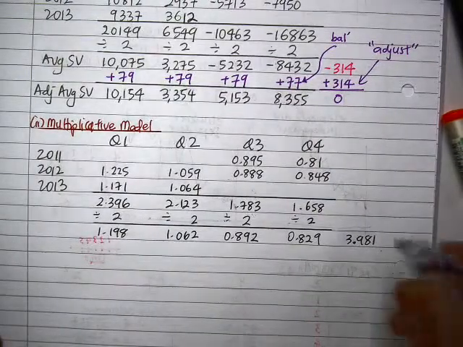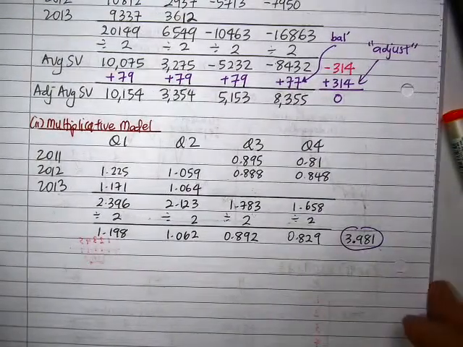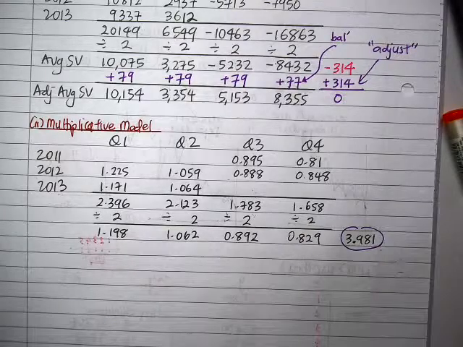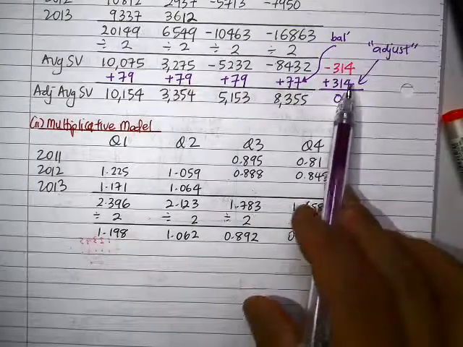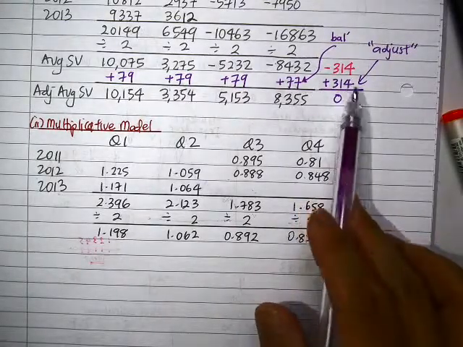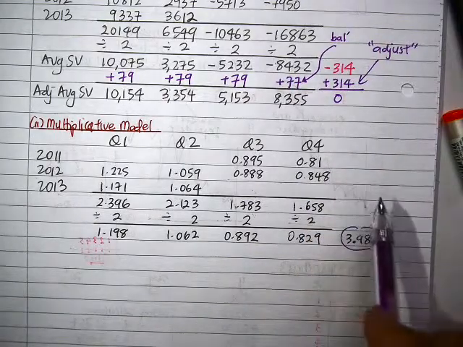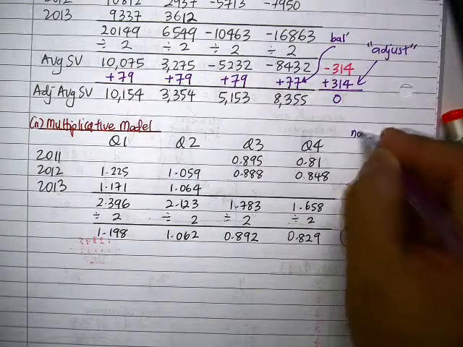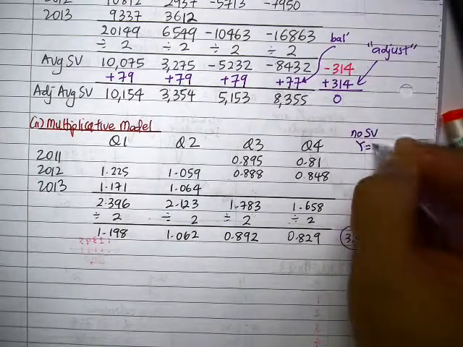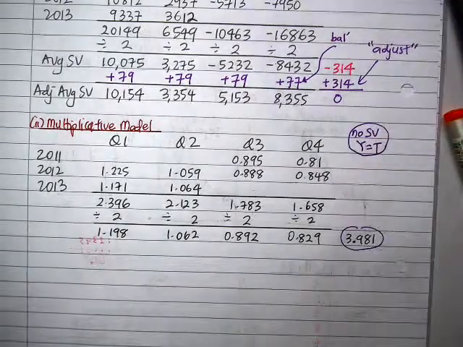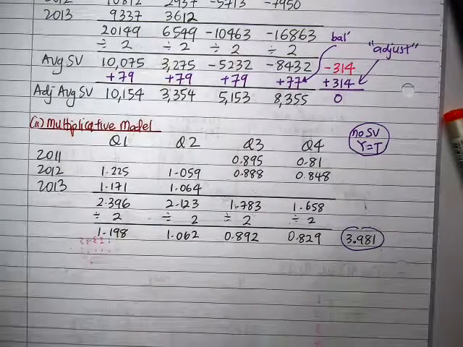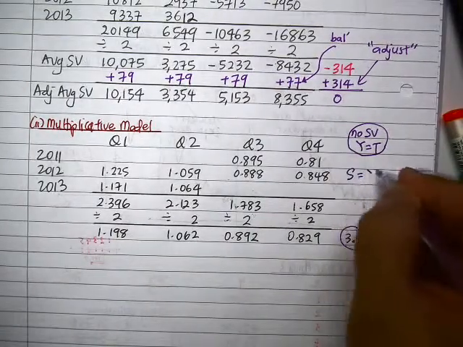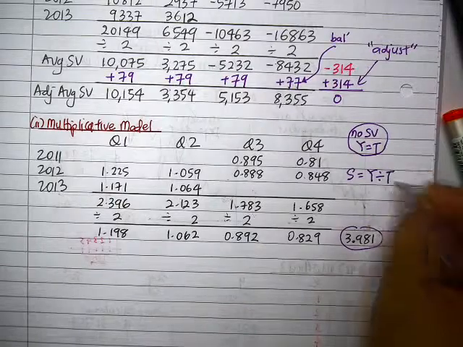Just now when you add up the seasonal variation, you've got it as 314, and we say we must make it 0. But what about this in the multiplicative model? Now, again, when there is no seasonal variation, y equals t. And you must understand, if y equals t, s is derived by y divided by t.